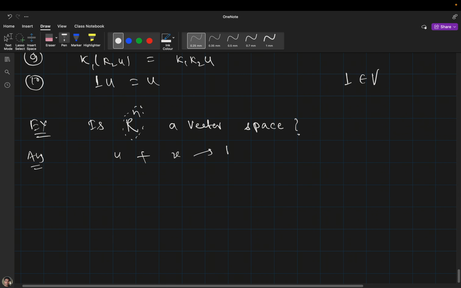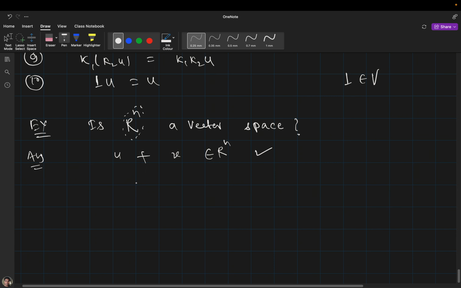Will that belong to Rn? If you add them, will that belong to the n-dimensional space? Yes or no? Yes. So first axiom done.